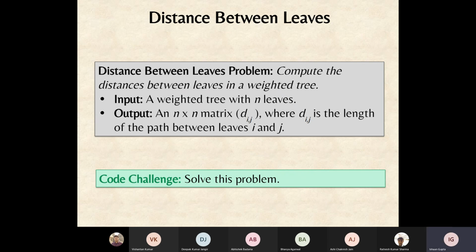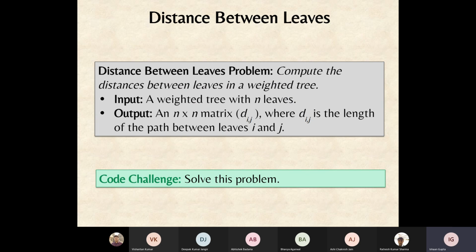One problem is how do you check whether the tree that you have been given is a fitting tree. The distance between leaves problem is to compute the distance between the leaves in a weighted tree. The input is a weighted tree with n leaves, and the output is an n cross n matrix, basically d_ij, where d_ij is the length of the path between leaves i and j.